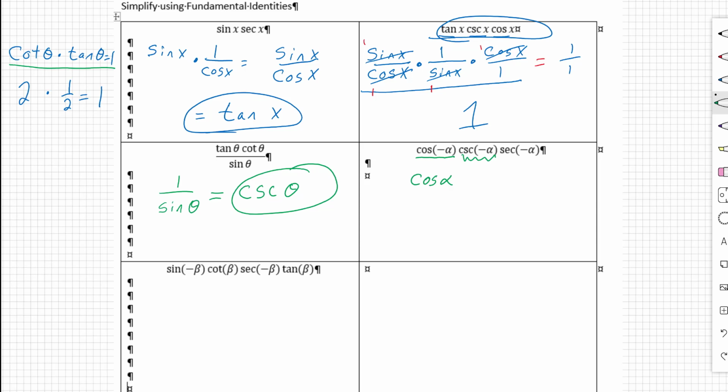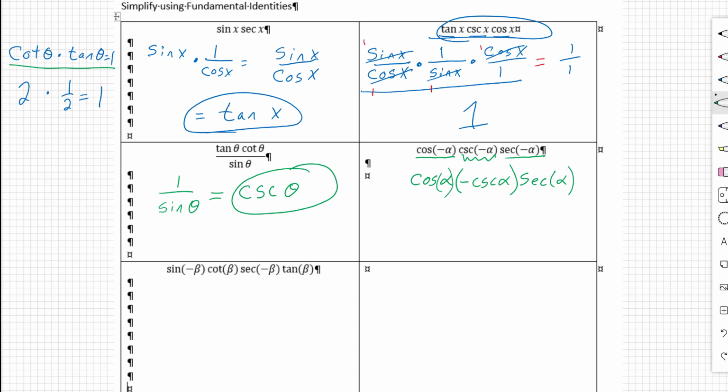That's an odd function, meaning that cosecant of negative alpha is the same as negative cosecant of alpha. And secant of negative alpha, again, secant is a reciprocal of cosine. So if cosine's even, secant must be even. So that again gives us the relationship that secant of negative alpha is the same as secant of positive alpha.